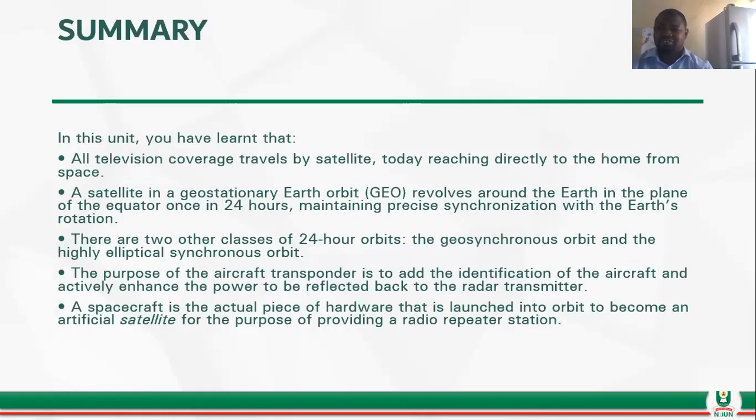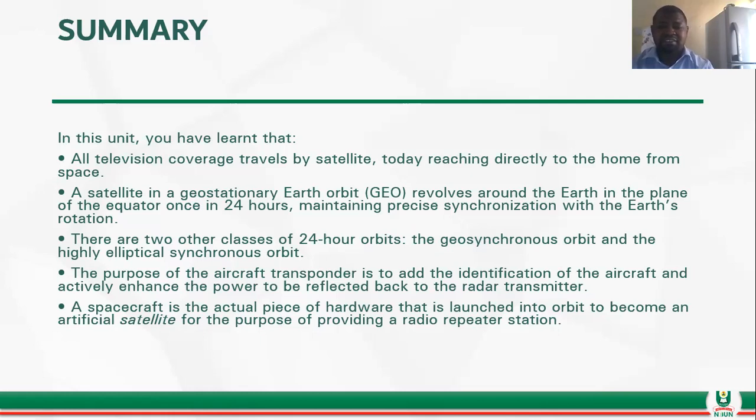Now let's try to summarize everything we have looked at in this unit of satellite communication. In this unit, you have learned that all television coverage travels by satellite today, reaching directly to the home from space, and that we can see that in our televisions and in the phones we use for communication.